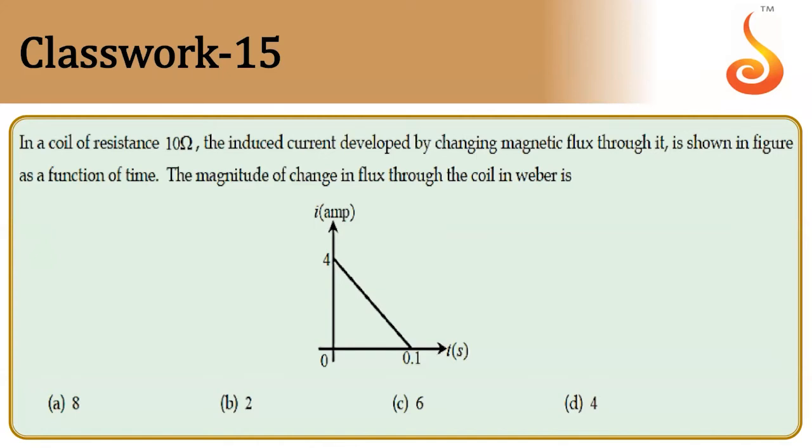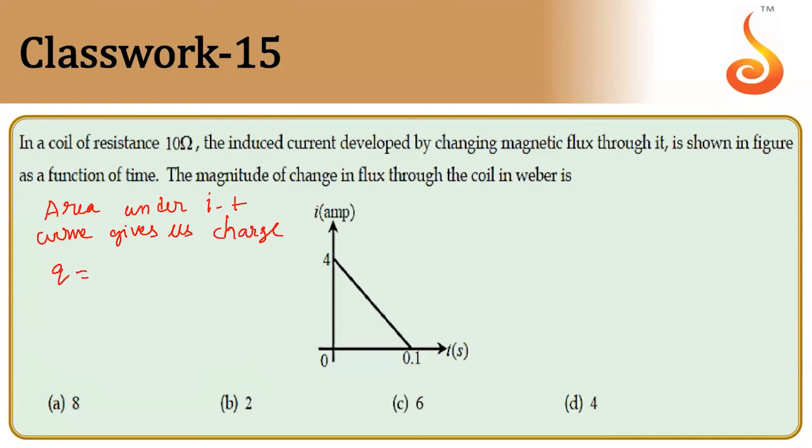In a coil of resistance 10 ohm, the induced current developed by changing the magnetic flux through it is shown in the figure. So the magnitude of change in the flux through the coil in Weber is... The area under the IT graph, current-time graph, gives you charge.